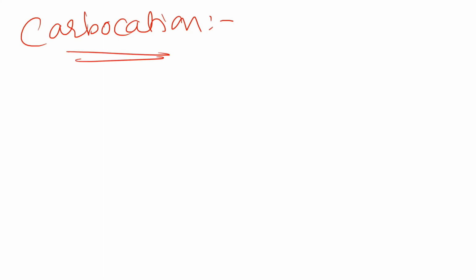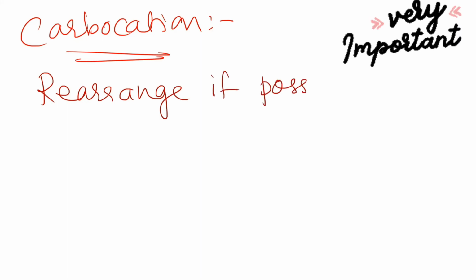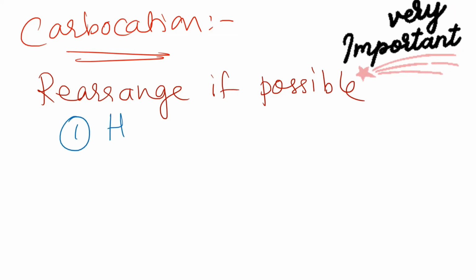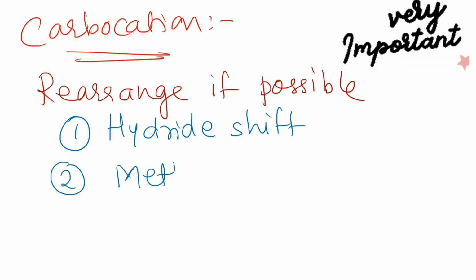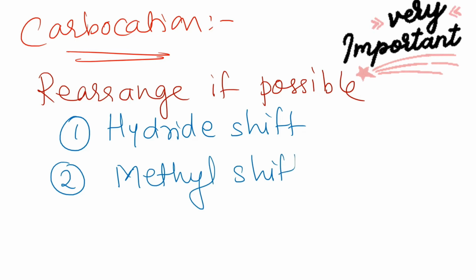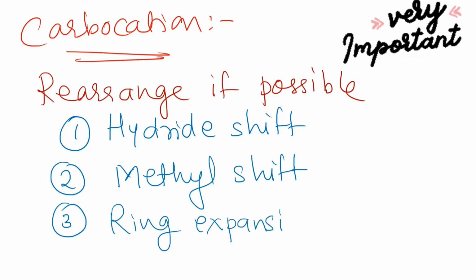Now, the rearrangement which I was talking about regarding this carbocation: wherever you see this word carbocation, rearrange if possible. This rearrangement could be in three ways: by hydride shift, by methyl shift, and third, by ring expansion.